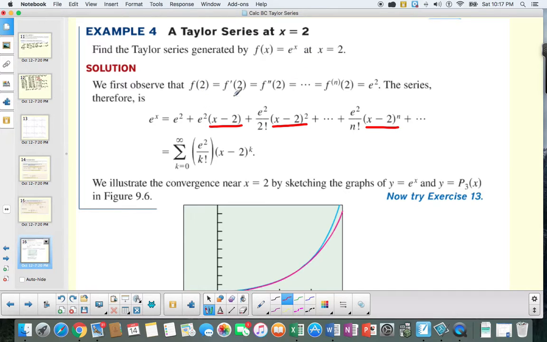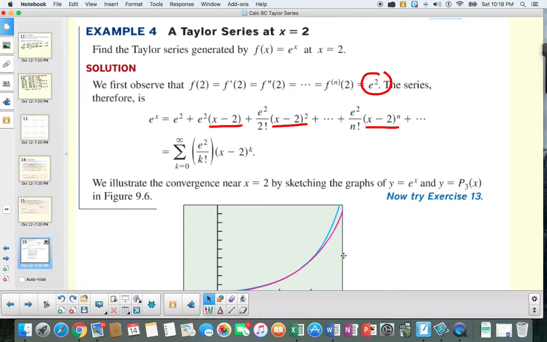So each one of these derivatives is the same thing, evaluated at 2. It's e squared. So all these derivatives are the same, but we still have to have the factorials here. And so here is the representation for e to the x centered at x equal to 2.